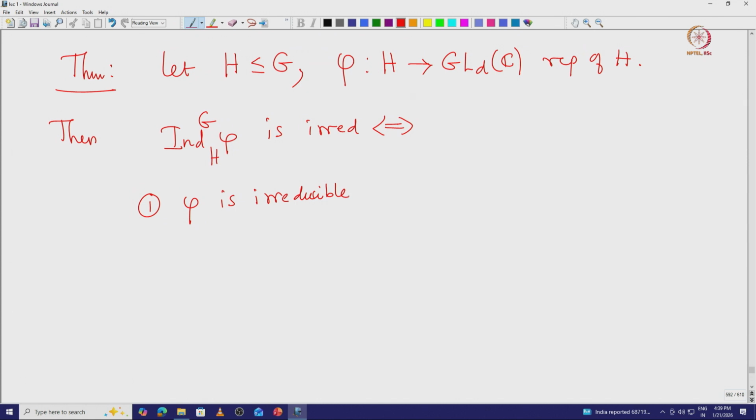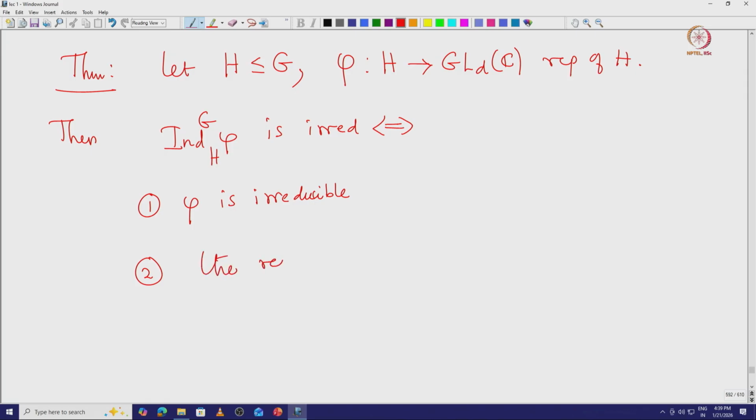The second condition: the restriction to H intersection sHs inverse of phi and phi_s are disjoint representations for all s not coming from H.